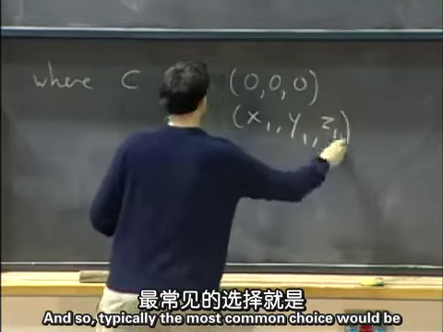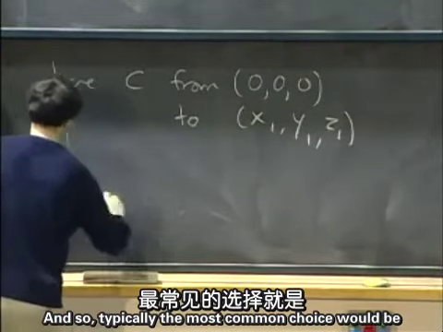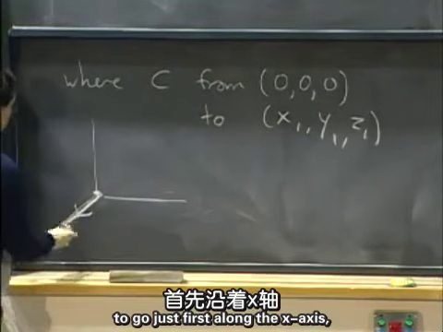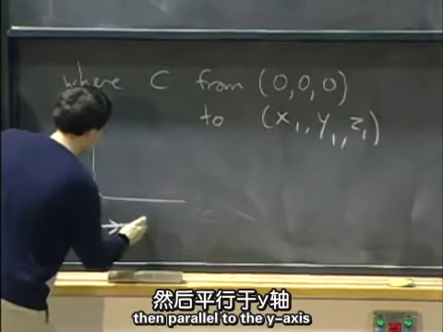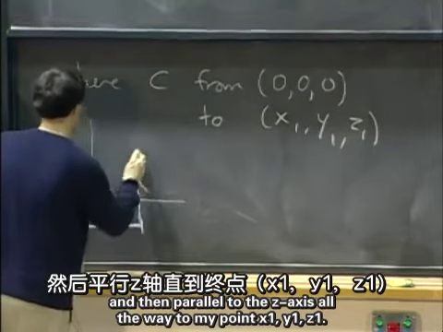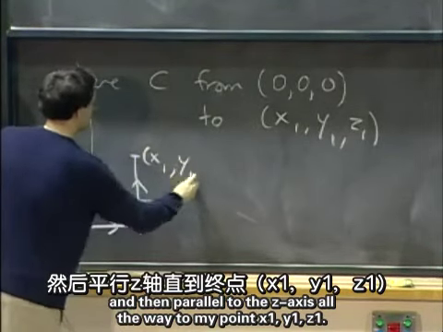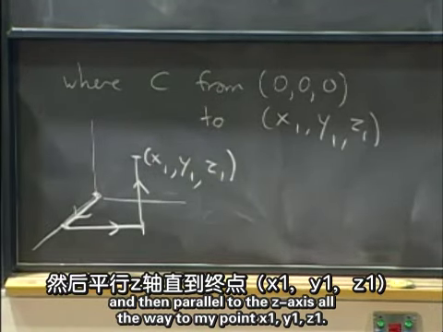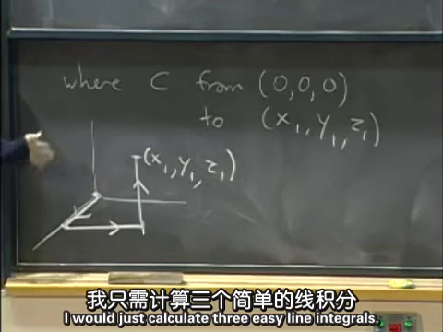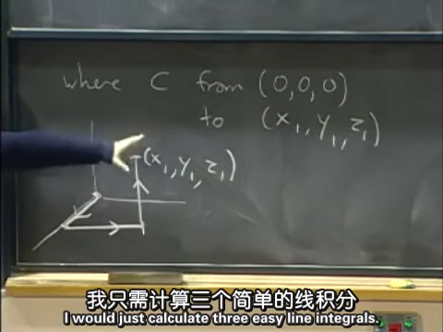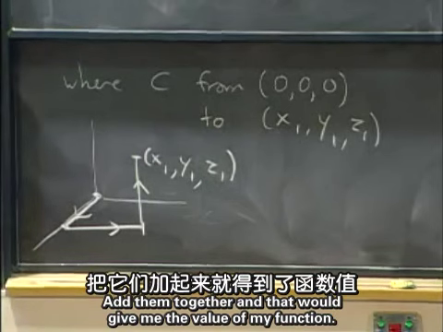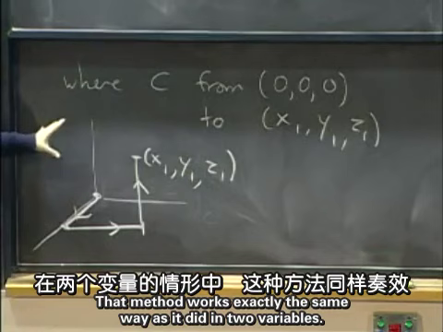And so typically, the most common choice would be to go just first along the x-axis, then parallel to the y-axis, and then parallel to the z-axis, all the way to my point x1, y1, z1. So I would just calculate 3 easy line integrals, add them together, and that would give me the value of my function. Okay, so that method works exactly the same way as it did in 2 variables.